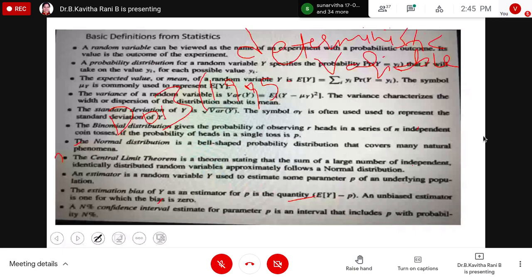So it is also called a deterministic variable, where I can easily give the result as 100%. So this is about random variable and deterministic variable.